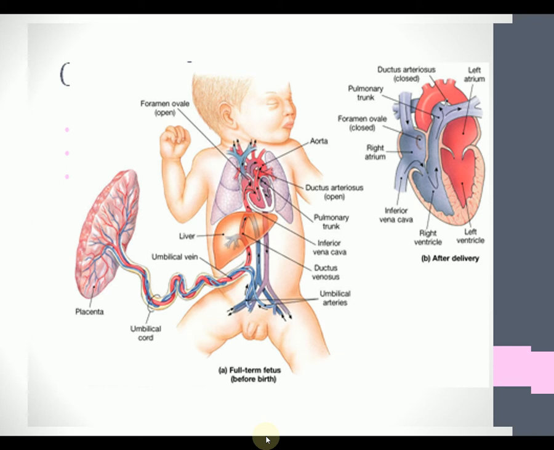Well, it starts with oxygen exchange at the placenta. Remember, we talked about how this is the maternal side and this is the fetal side. The fetal side is nice and smooth, and the maternal side looks kind of like chopped liver, because it's attached to the uterus, and oxygen exchange occurs at the capillary level and then comes over into the placenta.